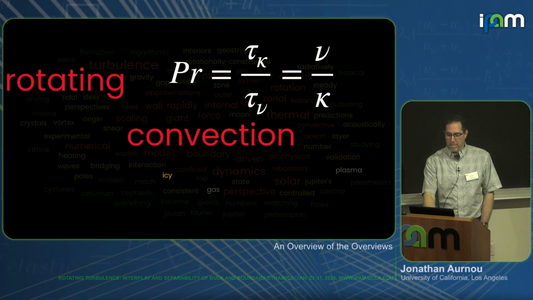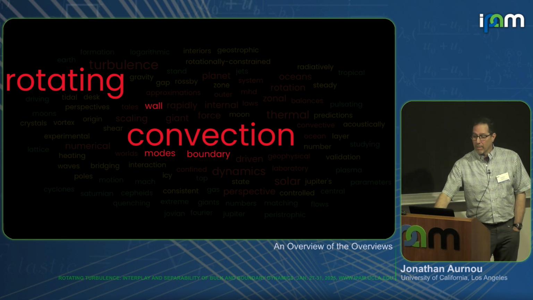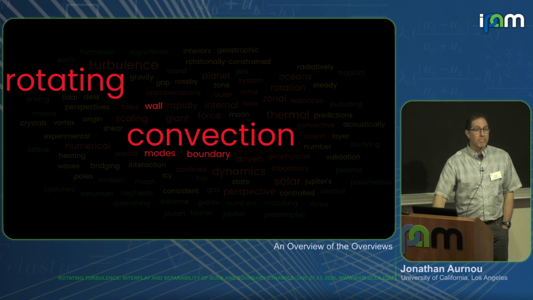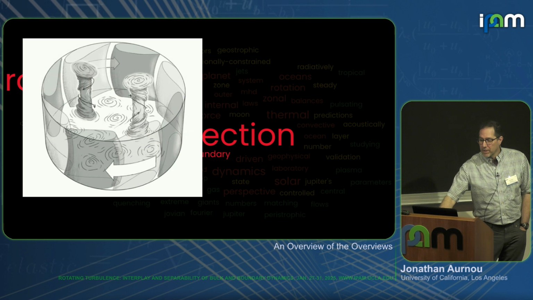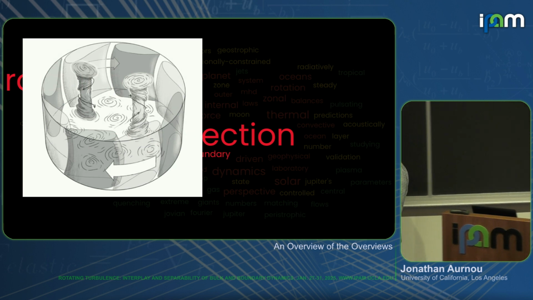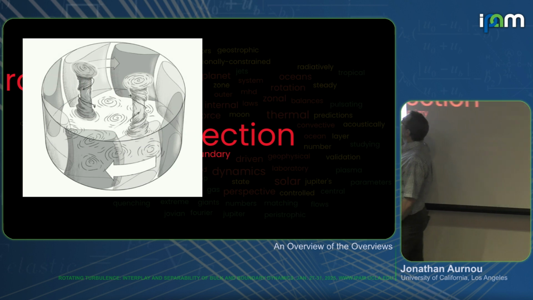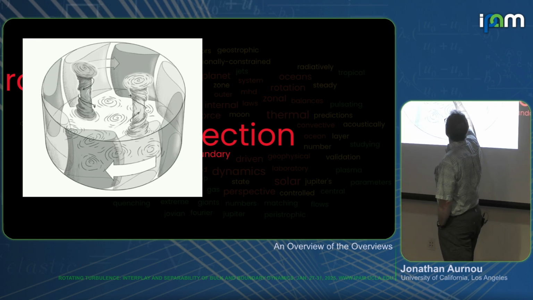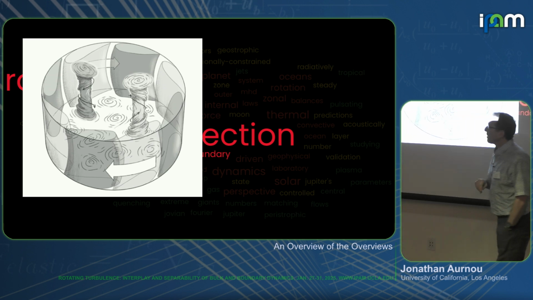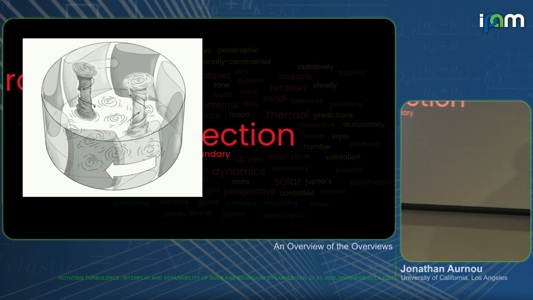Okay, so there's Prandtl. Okay, walls, modes, boundary. Let's do wall modes. So here in this image from John Chang, this is actually oscillatory modes inside a liquid metal in a cylinder, aspect ratio 2.